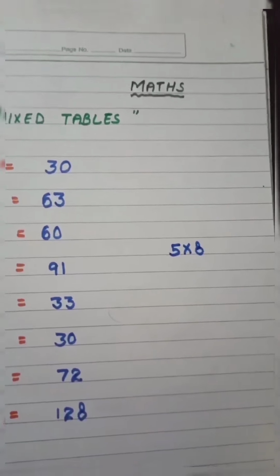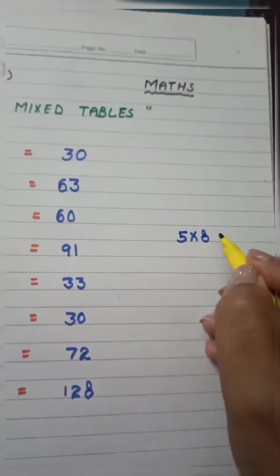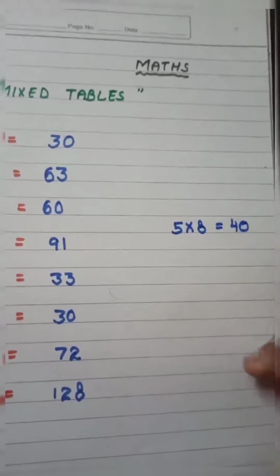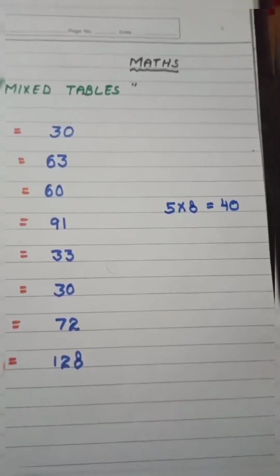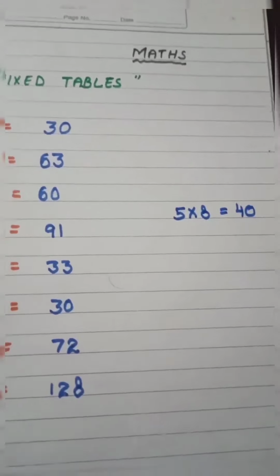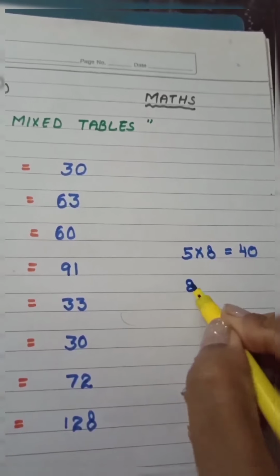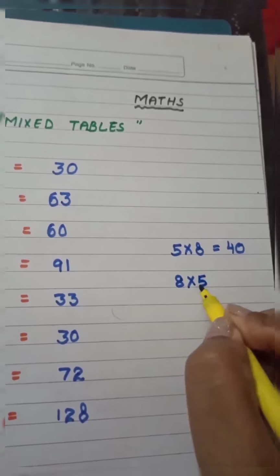8, if we read the table of 5, 5 8s are 40. But if somehow you are getting confused, what you can do is also read out the table of 8 5s.